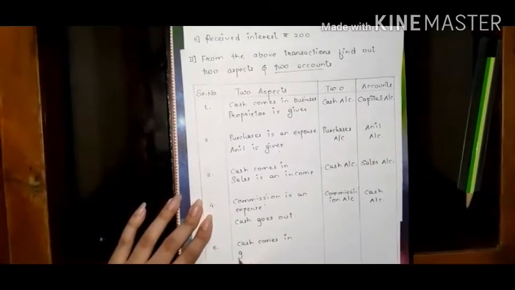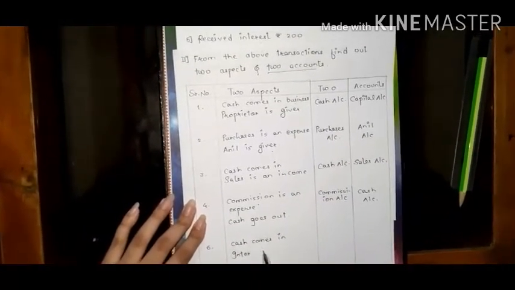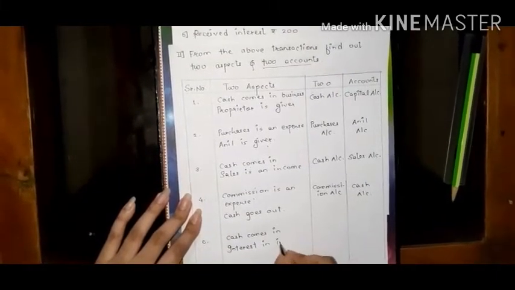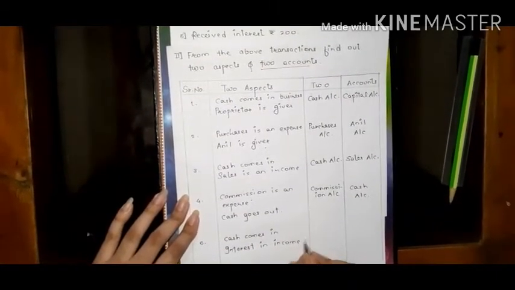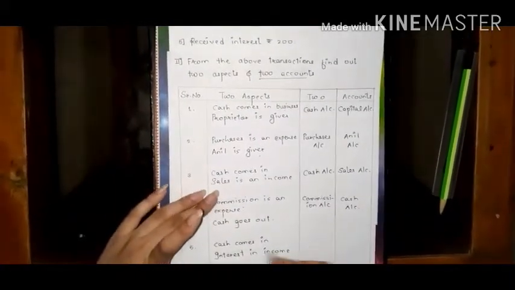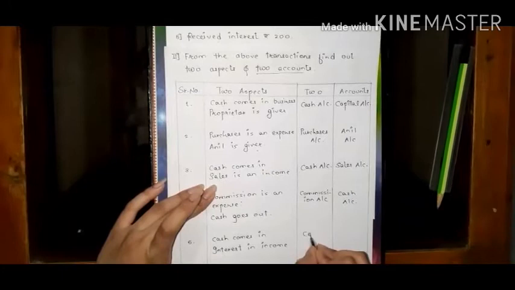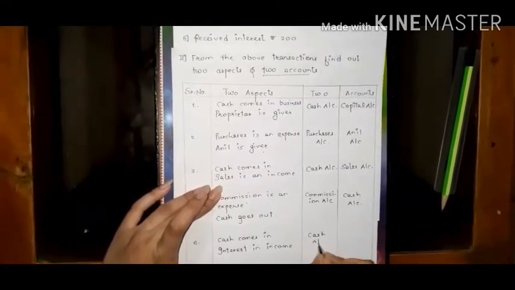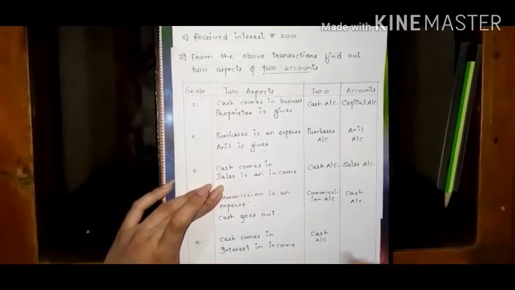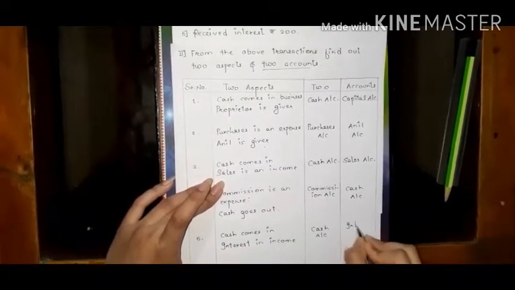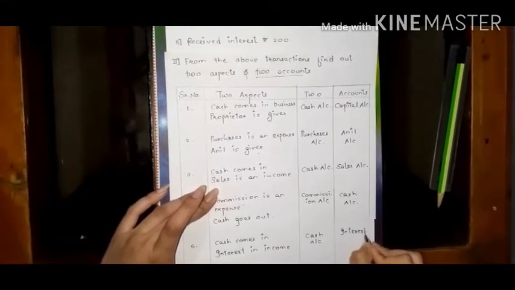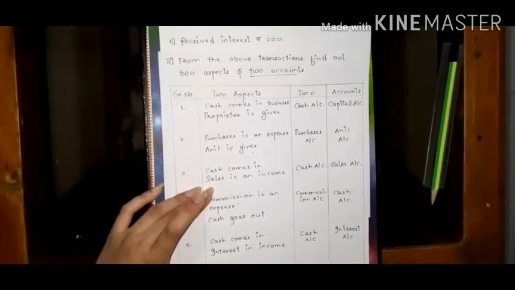So interest is an income. We have received interest, that is why it is our income. Now the account. Already we know cash account is the first account and interest is an income. Now interest is going to be our second account because we have received interest. So the second account is interest account.